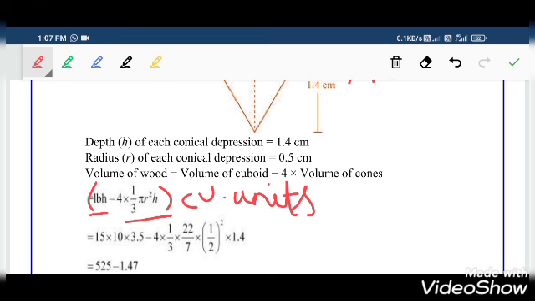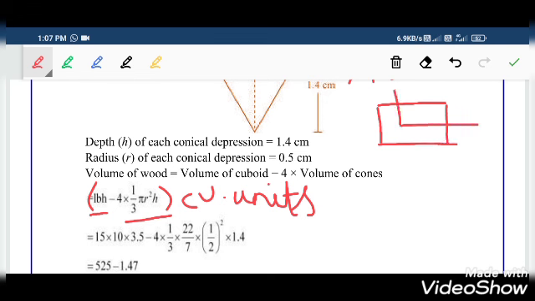Okay, next we need to substitute the values. Here they have given only the conical part, so we need to take a cuboid. This is the cuboid.